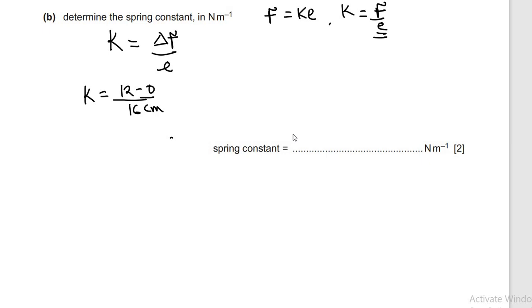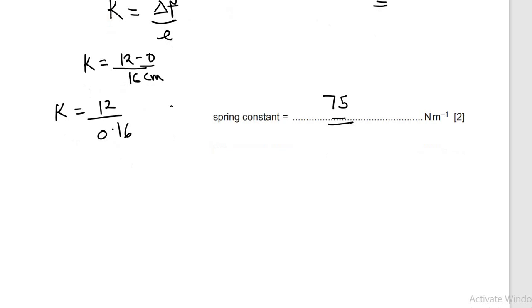Remember, it's in centimeters. Convert it to meters. 16 divided by 100, 0.16. So K is 12 over 0.16. So 12 divided by 0.16, we have 75 Newton per meter. That's it.